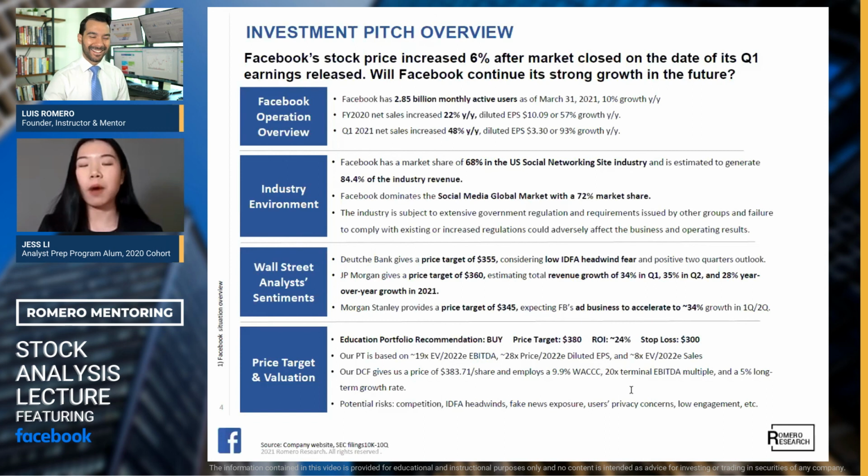That confirms my conclusion about how strong Facebook and its market are, and I remain very confident and bullish on Facebook stock.